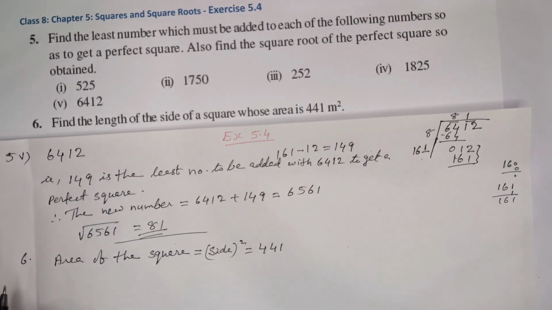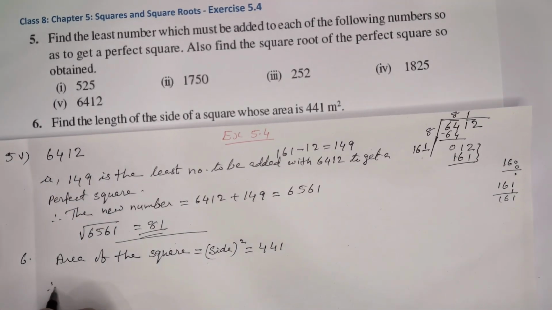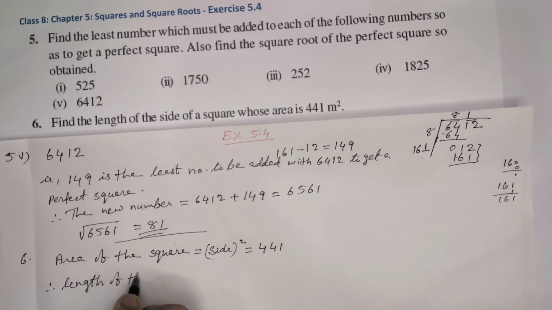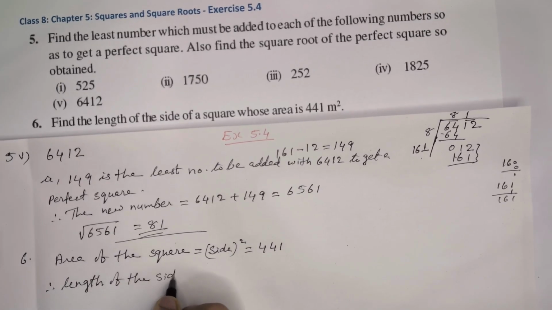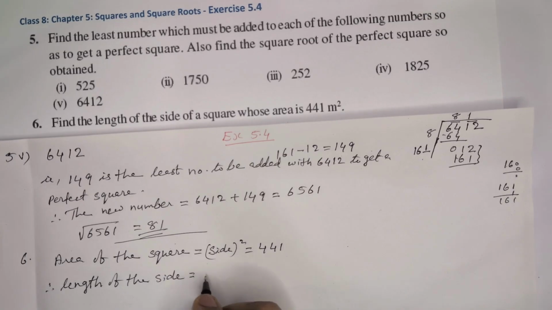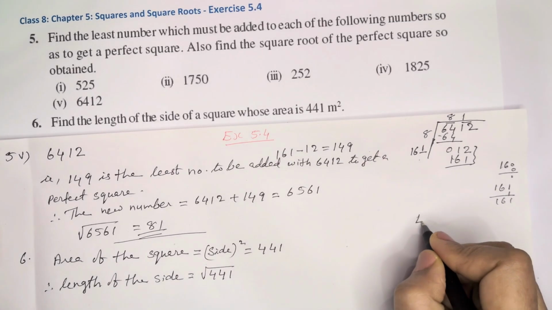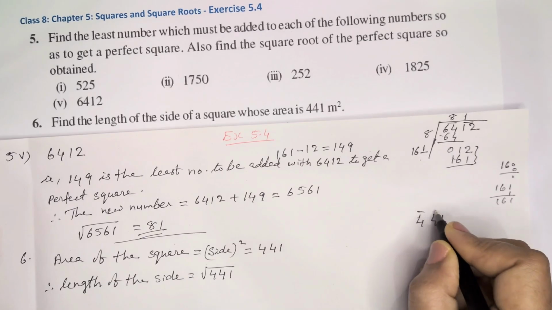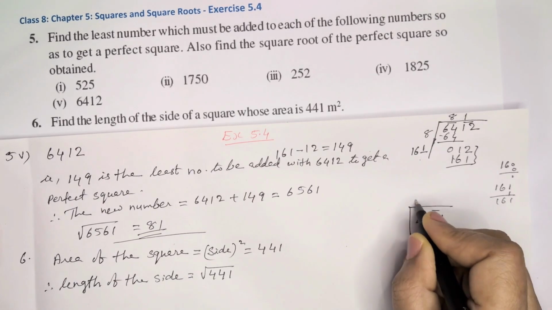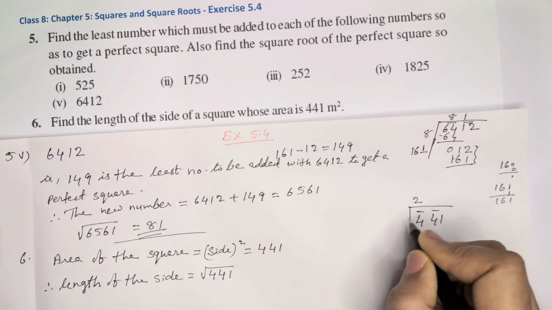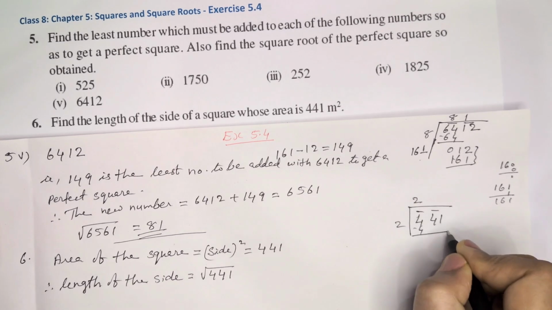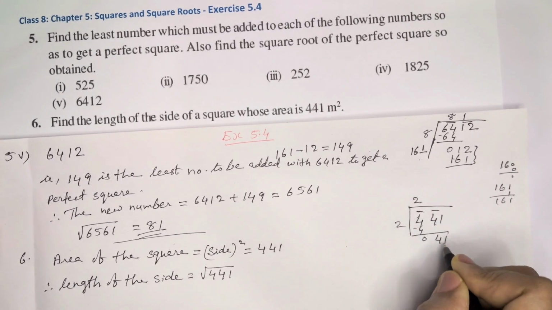Now here we have to find the length of the side. Therefore, the length of the side means square root of 441. So we can find the square root of 441 by the division method. Here 2 times 4 and 41.